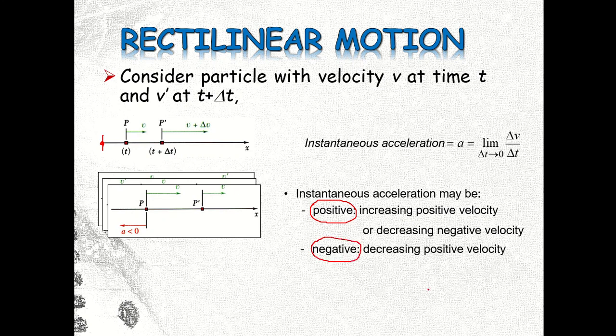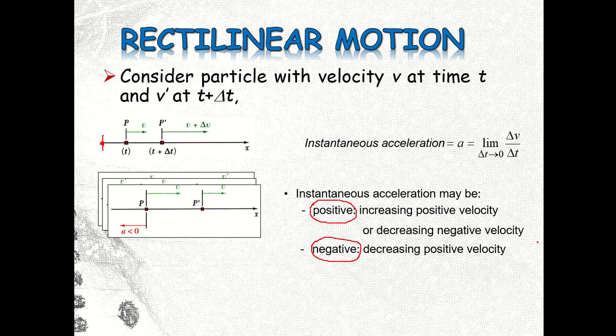This becomes a negative class if the particle is moving towards the right and the velocity is decreasing. So you see here, a longer arrow than a shorter arrow, which means it's decreasing. So decreasing positive velocity, positive in the sense that it is directed towards the right, but the acceleration is negative.